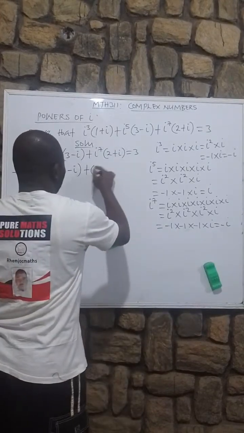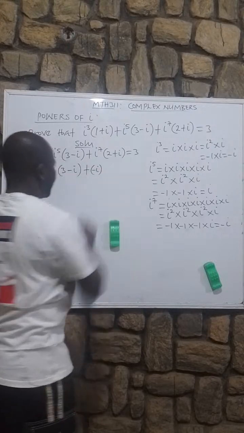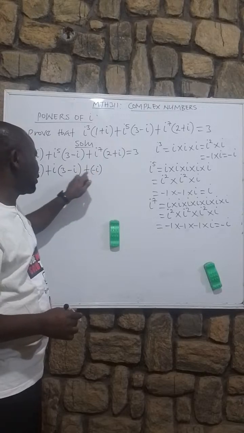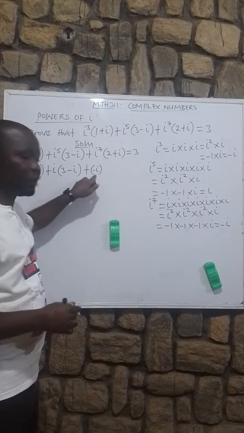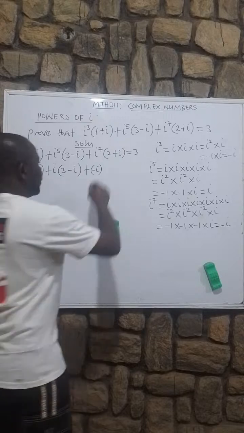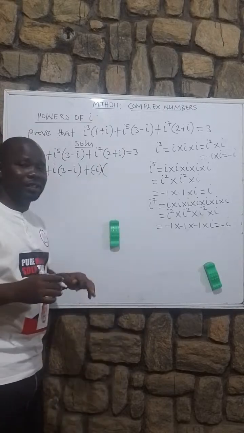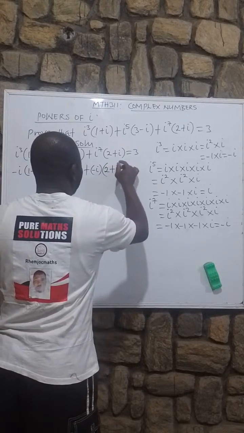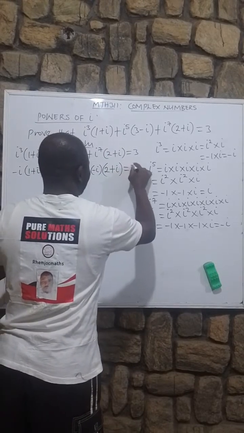So let us not be in haste. We know that plus times minus will be minus, but let's just keep it like this first, so that there will not be unnecessary questions.